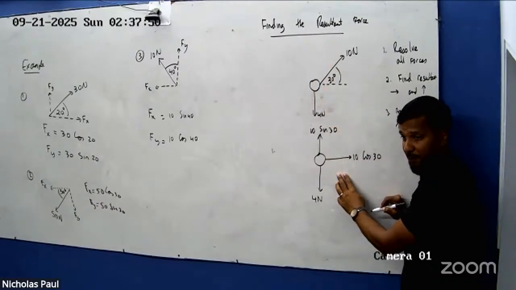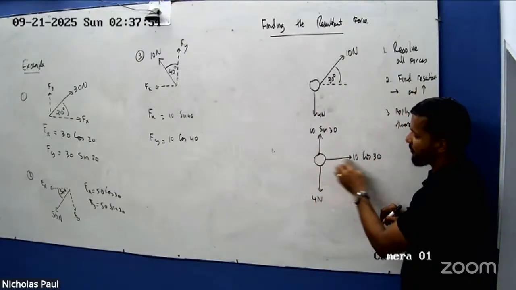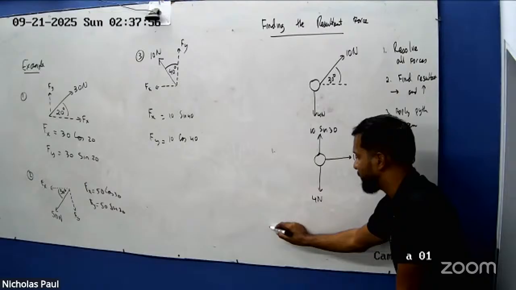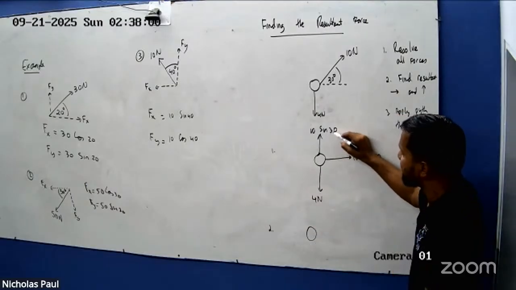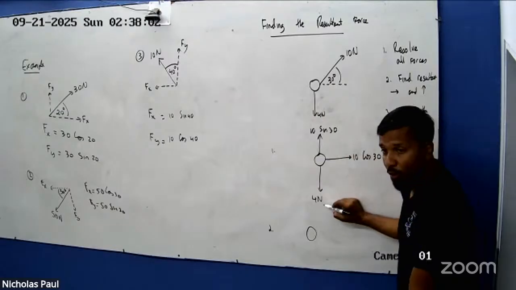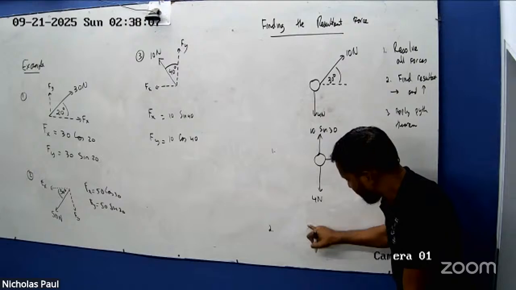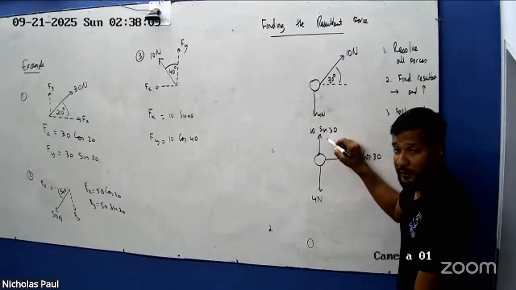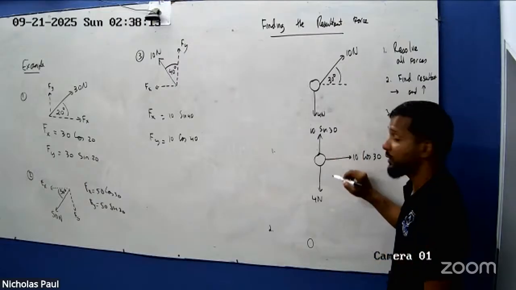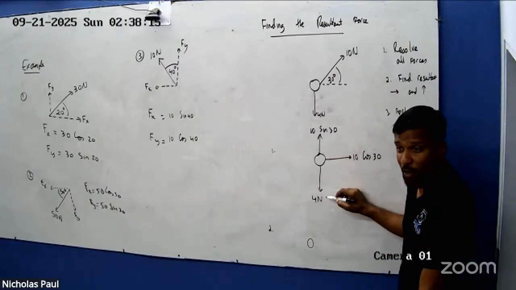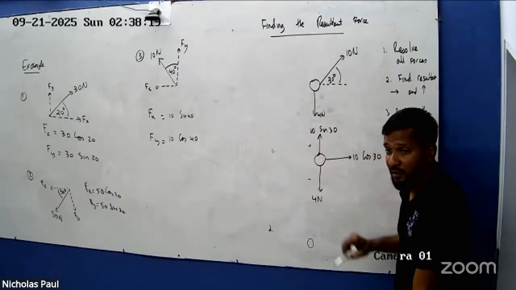What's the next step? The next step is to find the resultant vertically and horizontally. So step number 2. If I were to combine 10 sine 30 and 4, what will you end up with? As Adam was saying, we have to add signs now. One direction positive, next direction negative.